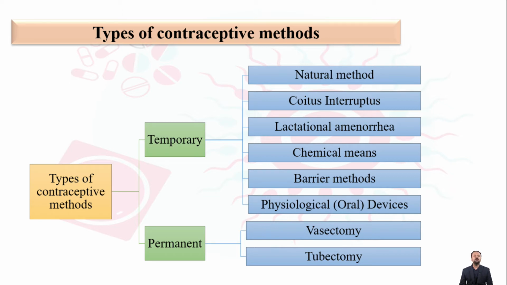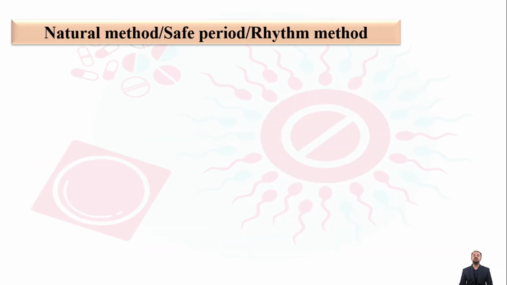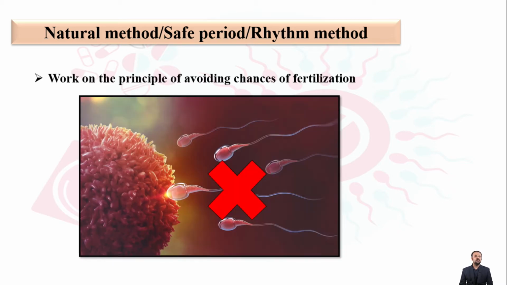At first we'll be focusing on the temporary methods and we begin that by learning about the natural method, also called as the safe period or the rhythm method. Students, this particular method works on the principle of avoiding the chances of fertilization.